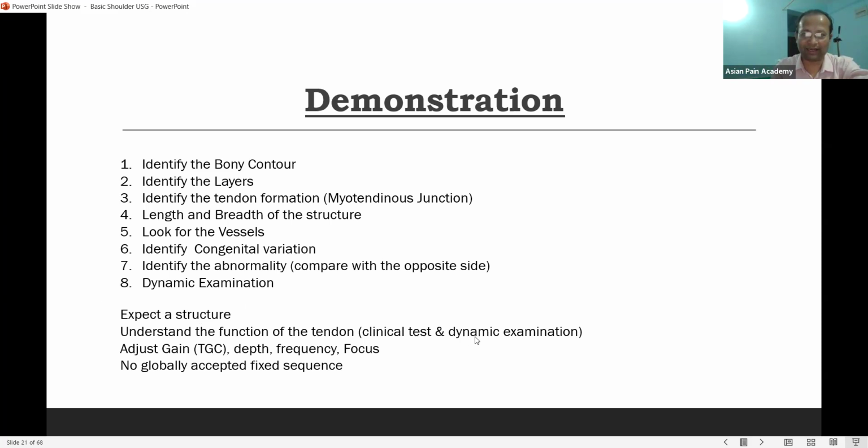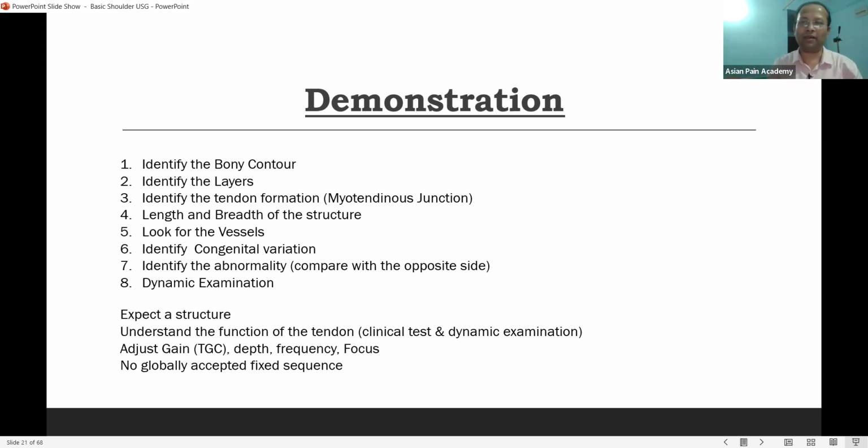So clinical test and dynamic examination. Here, what the tendon does, you always should understand the concept, and this is important for both clinical test and dynamic examination. So what is a tendon? A tendon joins the muscle to the bone.